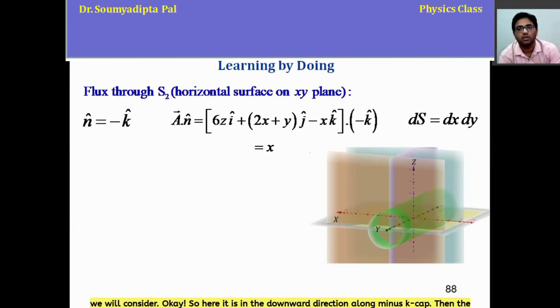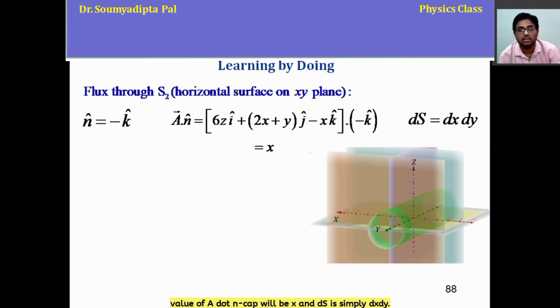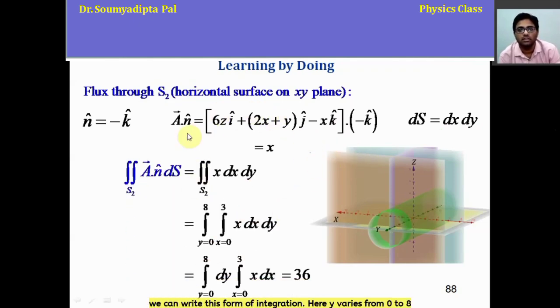Okay, so here it is in the downward direction along minus k cap. Then the value of a dot n cap will be x, and ds is simply dx dy. Okay, then using these forms we can write this form of integration.